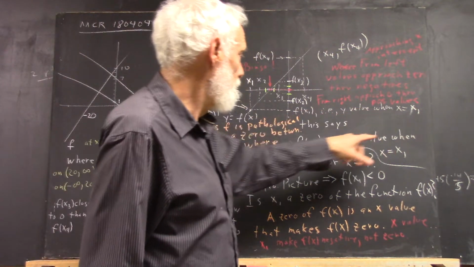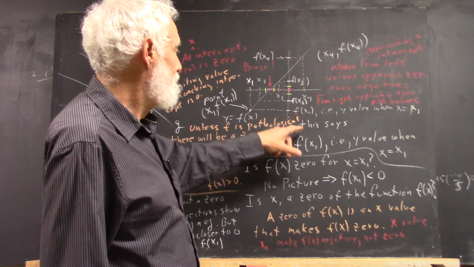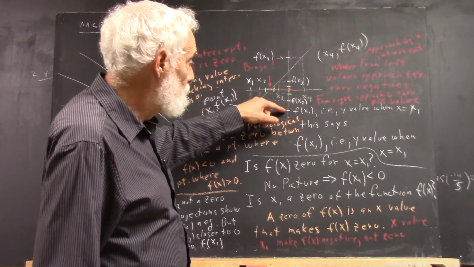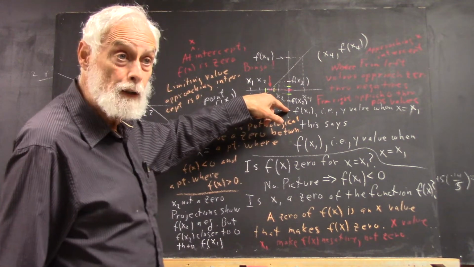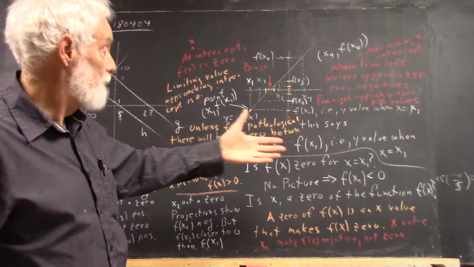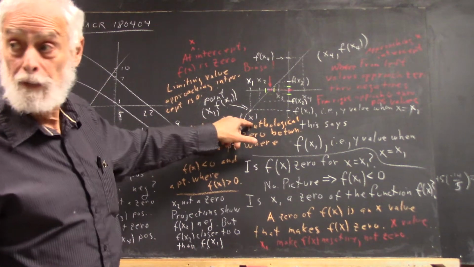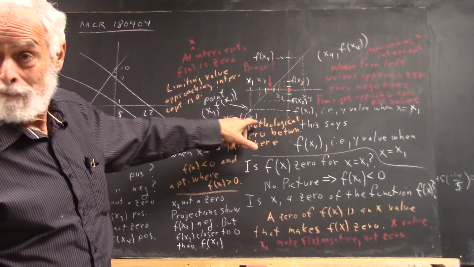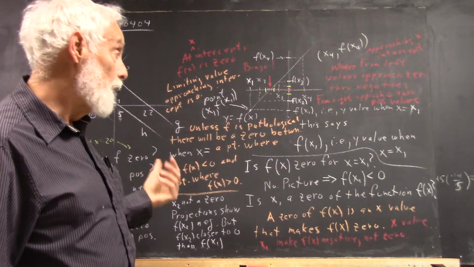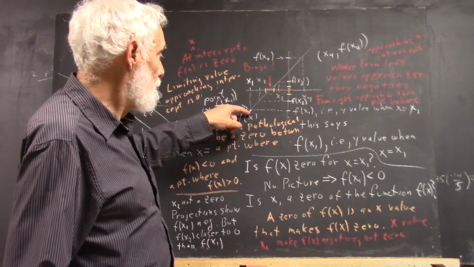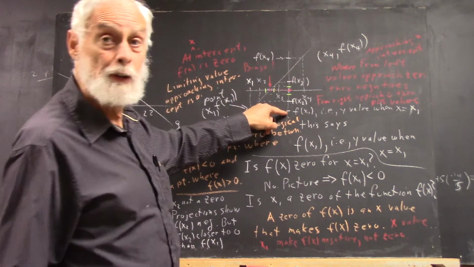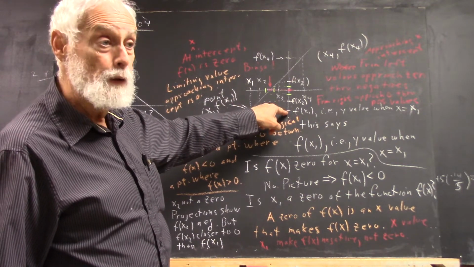Okay? So this statement here says this is f of x1. The y value here is the value of f of x1. Because the function is y equals f of x, right? So y equals f of x1 is where? Wherever f of x is when x equals x1. That's here. That's the value of y.